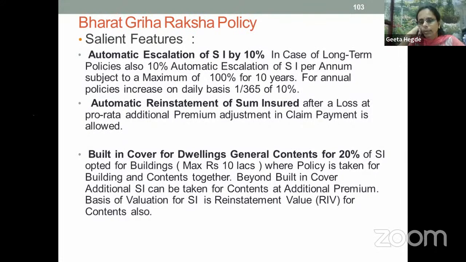And by the end of the policy period, your sum insured will be higher by 10% than what you opted at the initial policy period. So you are anticipating that the reinstatement sum insured may go up, and by escalation it is taken care of, even if it increases.